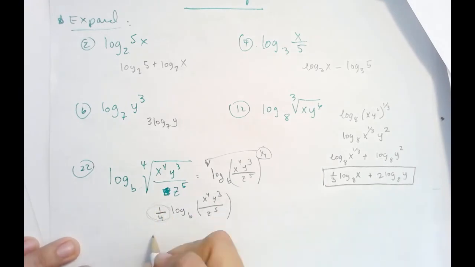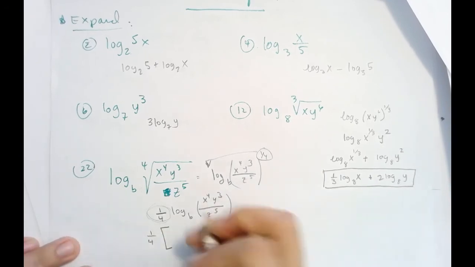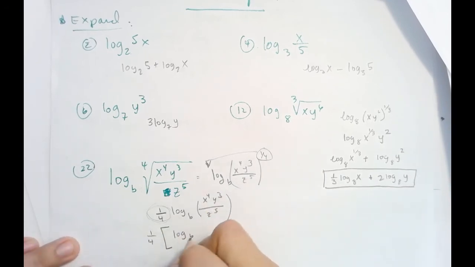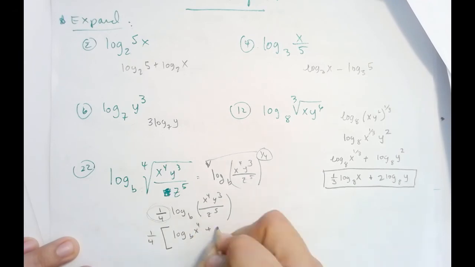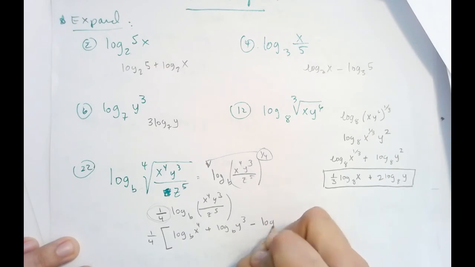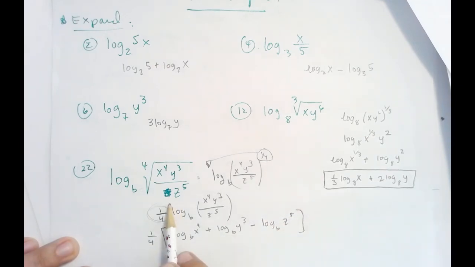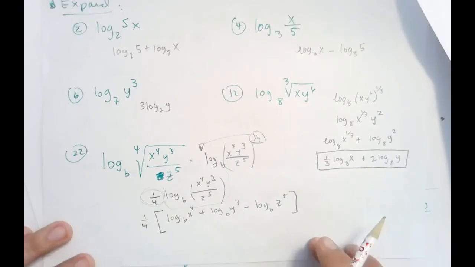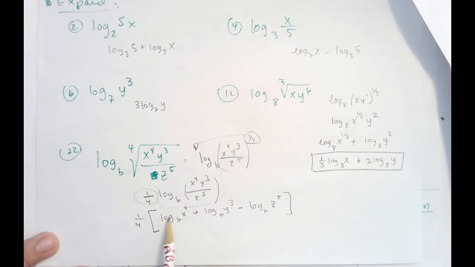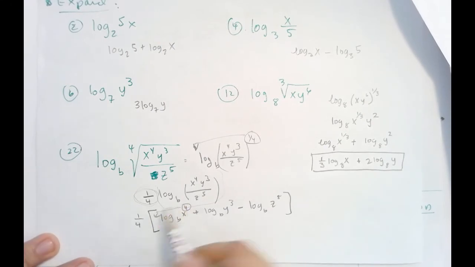So I'm going to rewrite this as 1/4, and then expand all of this. So this is log base b of x to the 4th plus log base b of y cubed minus log base b of z to the 5th. Since I'm expanding just this part, I leave the 1/4 outside in parentheses, and then I'm going to distribute it at the end. So now I can use the power property.